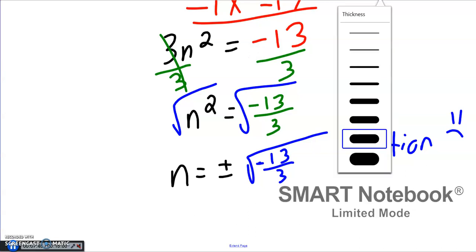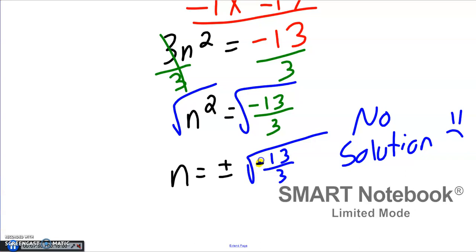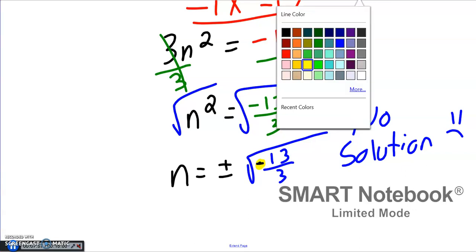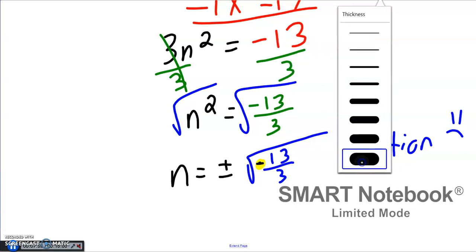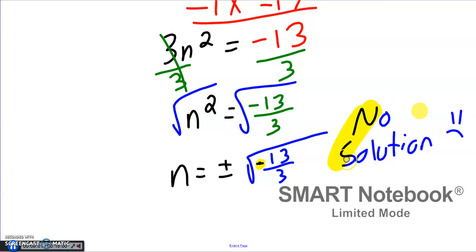So if you notice, we have a negative right here. And we can't have a negative in the radical. That's why we get a no solution. This is going to be a situation where we get a no solution as our answer because we can't have a negative underneath our radical.